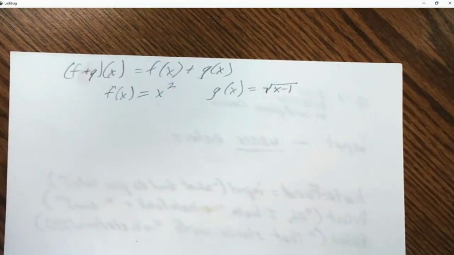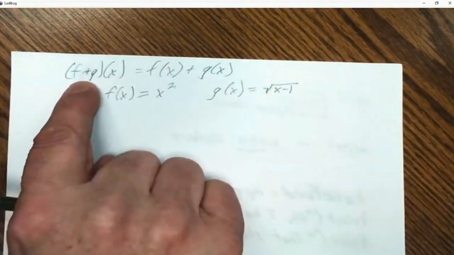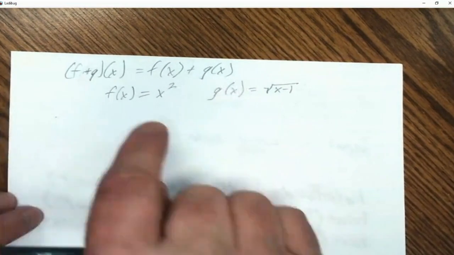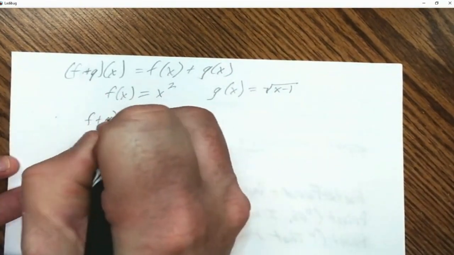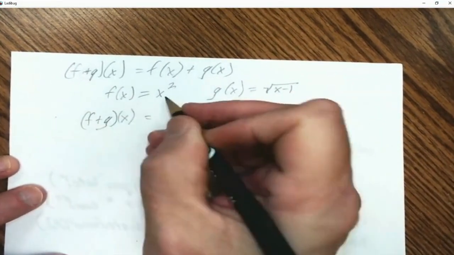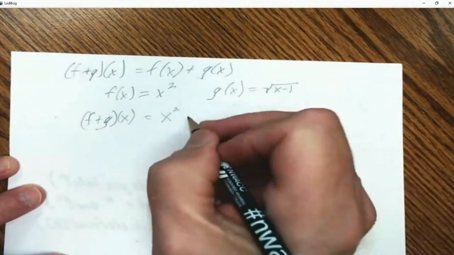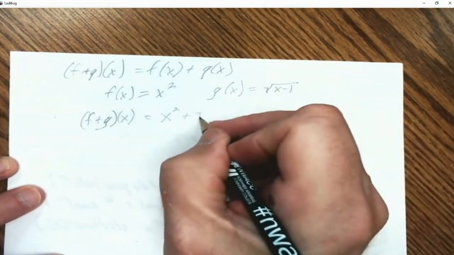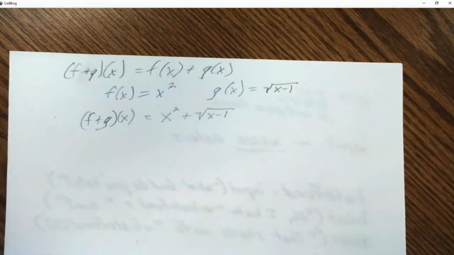Okay, that's our two functions. And we're going to start out first with f plus g of x, which means we just take these two, f plus g of x is going to equal f of x plus g of x.